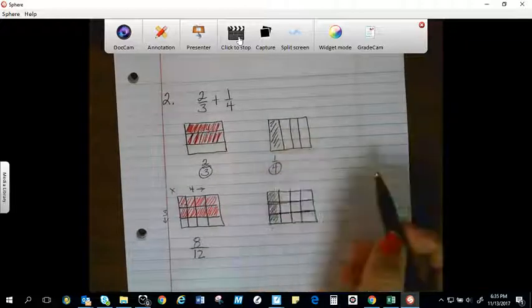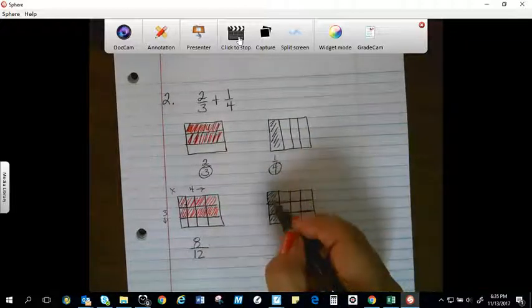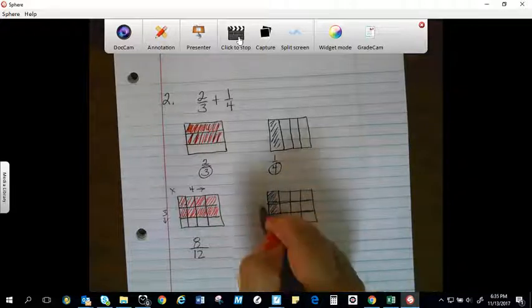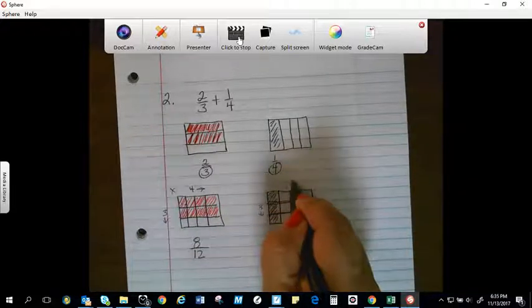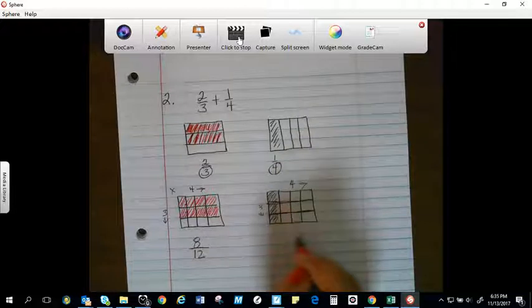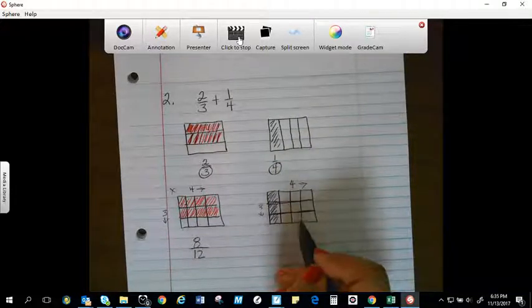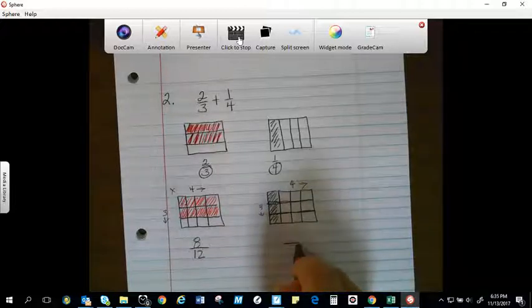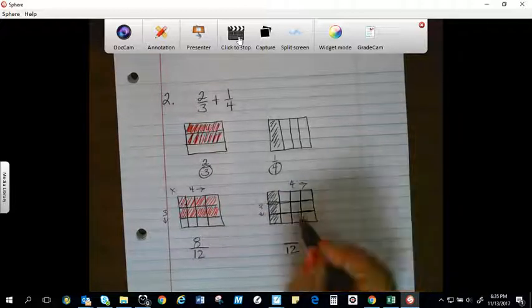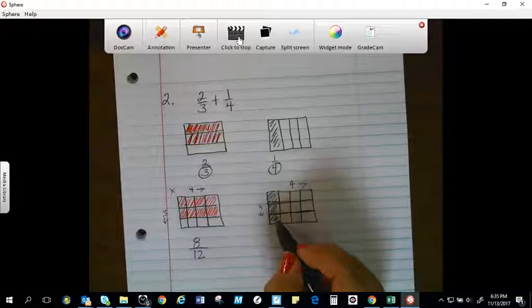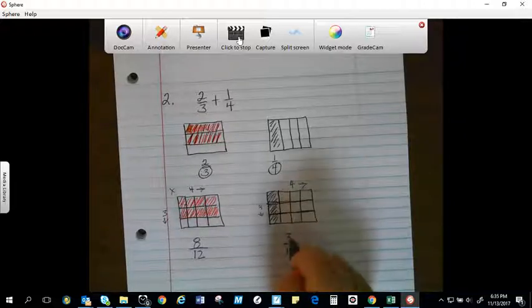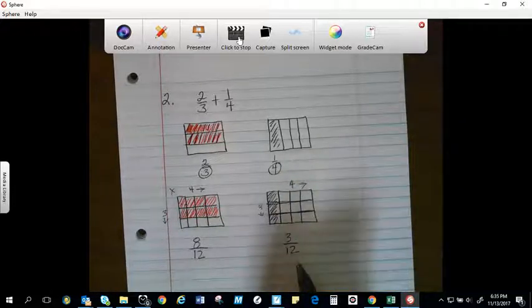Okay, so now I have again 3 down, 4 across. 3 times 4 is 12. If I count these up, they will be 12. Or I can use it as my array and multiply those out. My total number that I have shaded are 3, so there's 3 out of the 12 that are shaded.